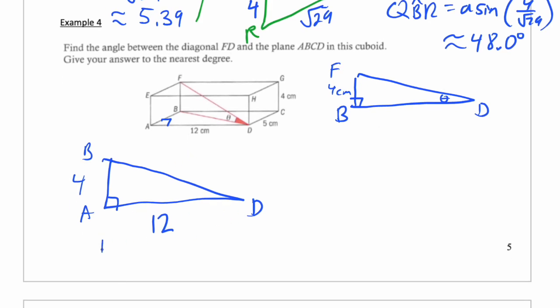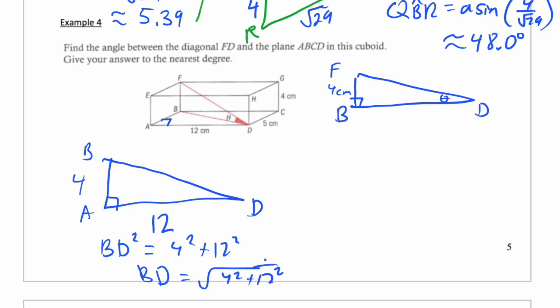Okay, so we have BD squared equals 4 squared plus 12 squared. And no need to actually calculate those. You can type this directly into your calculator. Let's check it out. Actually, I think that's going to be an exact whole number. It's going to give you 13. If it's a decimal, you're going to have to copy and paste it into the next question.